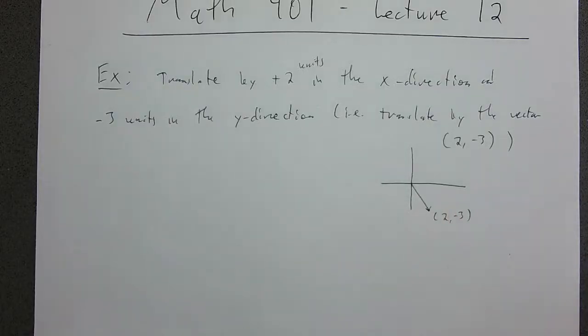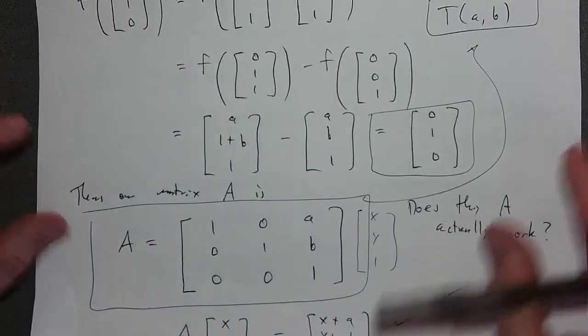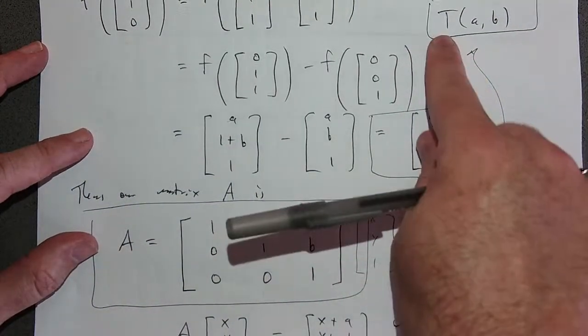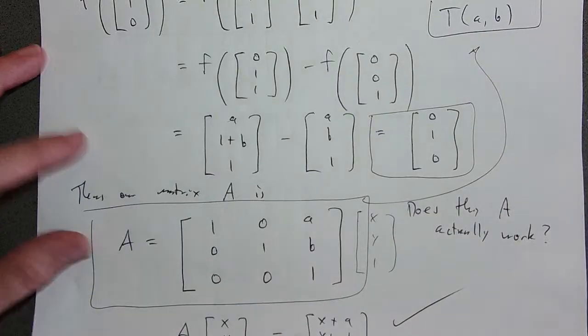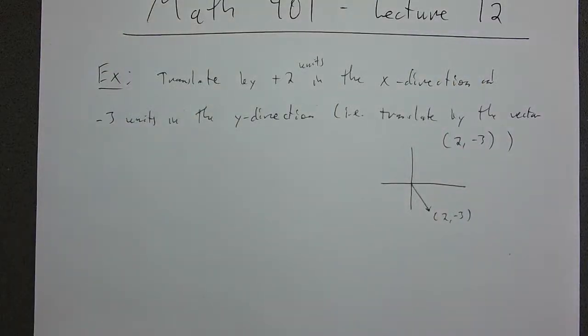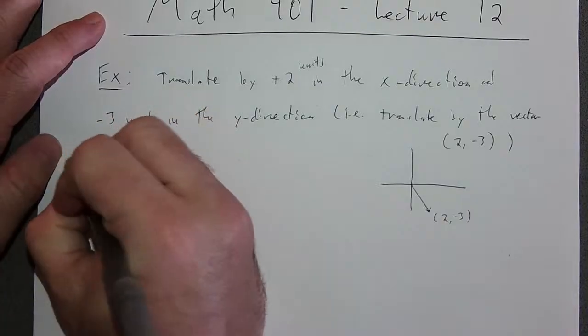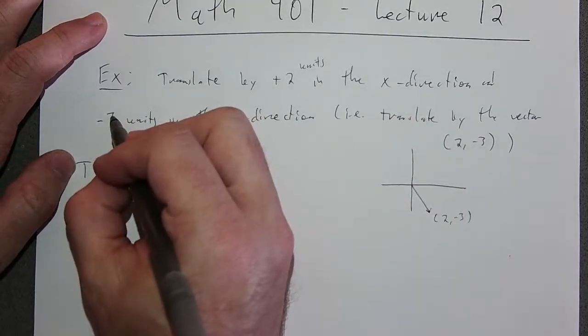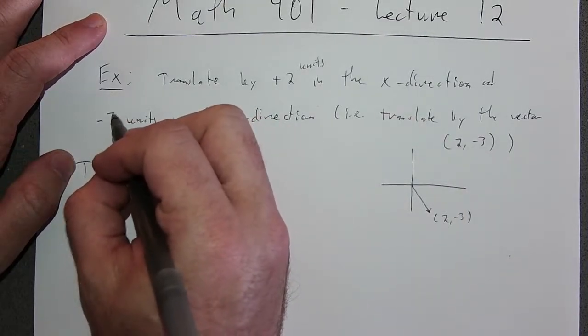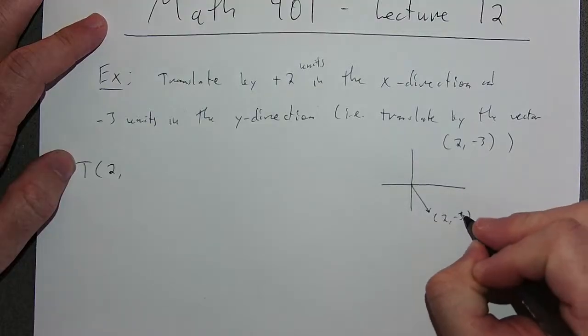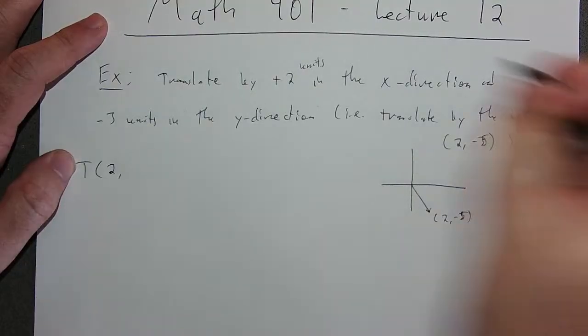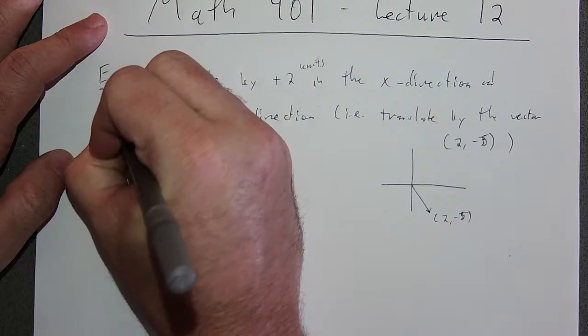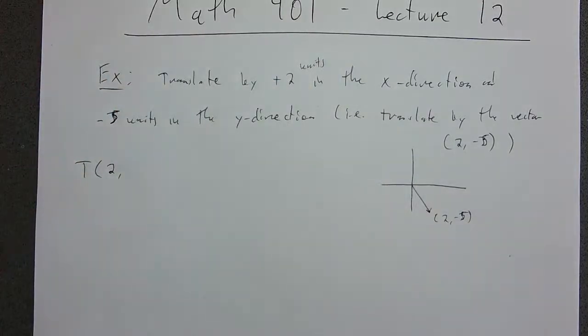According to the previous notation, this translation matrix T of (a, b) has this form. I wrote it as minus 3 here, but I'm going to use minus 5 to keep this in one-to-one correspondence with the actual example in the text.